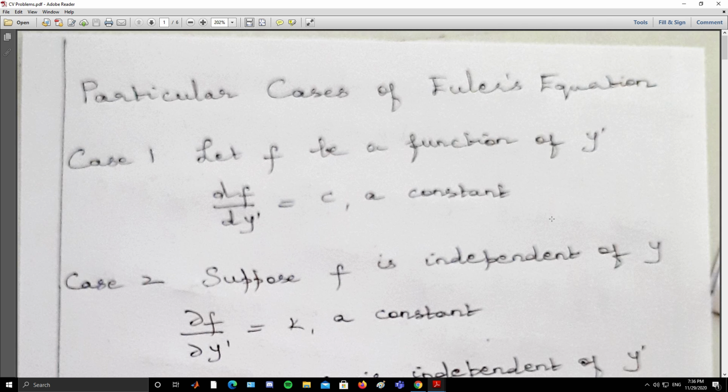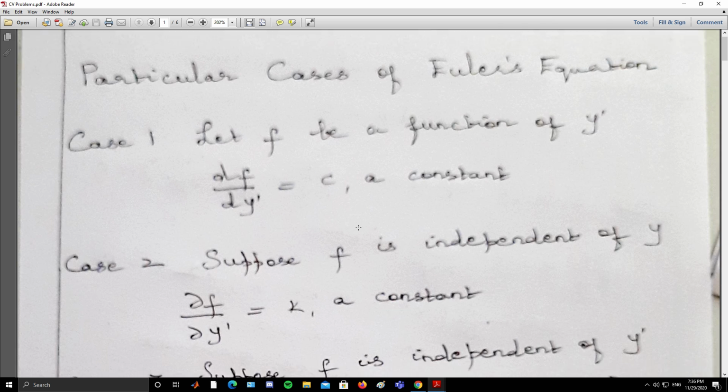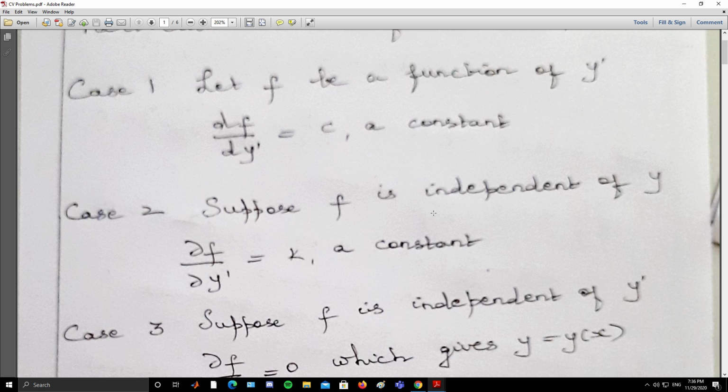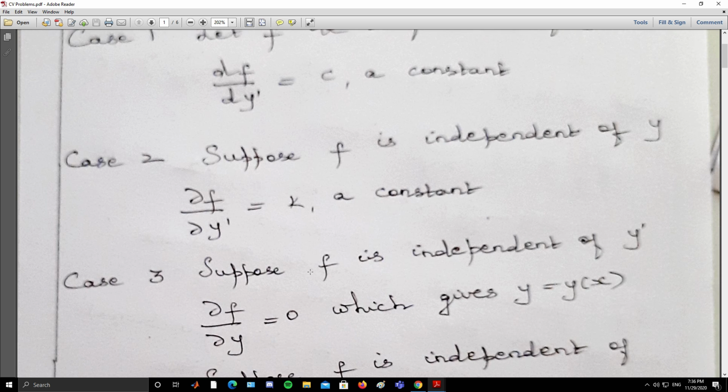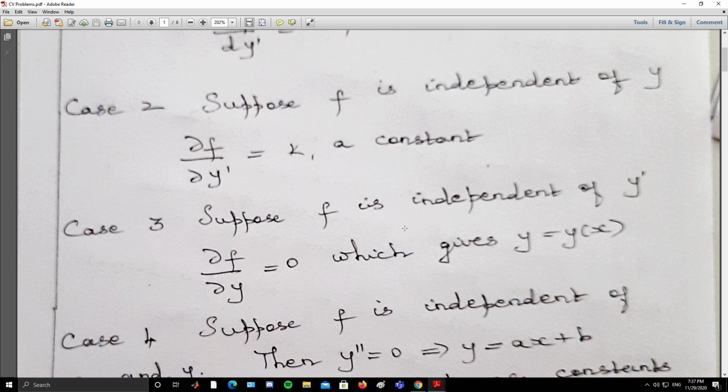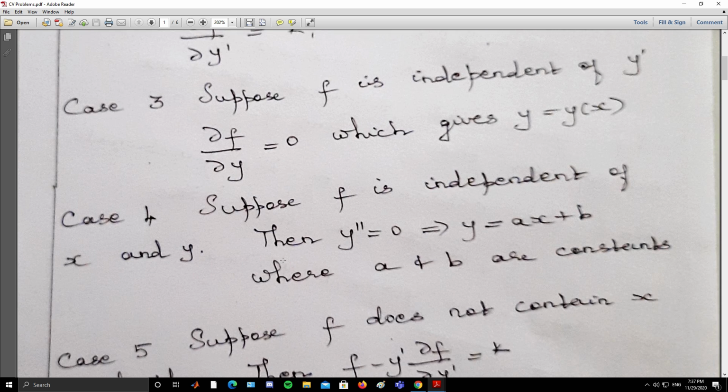Otherwise, depending on the function f, if f doesn't contain y, you have case 2 as a solution. If f doesn't contain y dash, you have dou f by dou y equals 0 as a solution.